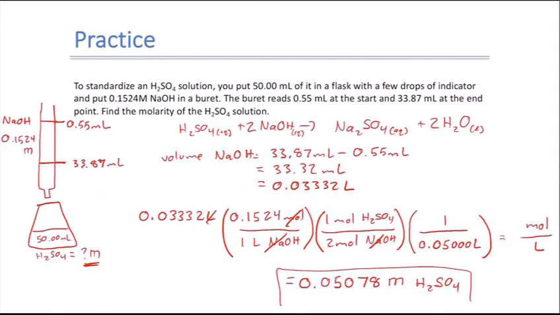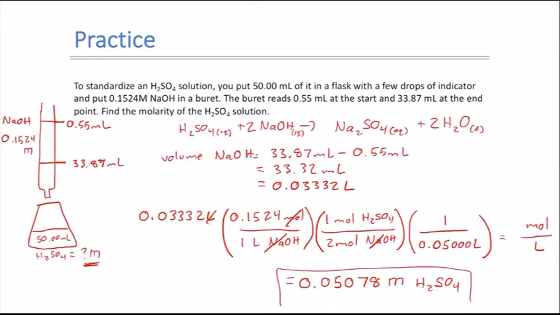Once you have your balanced equation, now make sure the moles of the substance you want is on the top. If the moles of the substance you want is not on the top, then you probably flip something over here. Once the moles of substance is on the top, then you divide by the volume of your unknown concentration. This gives you your units for concentration. And then doing a calculation should give you the correct answer.